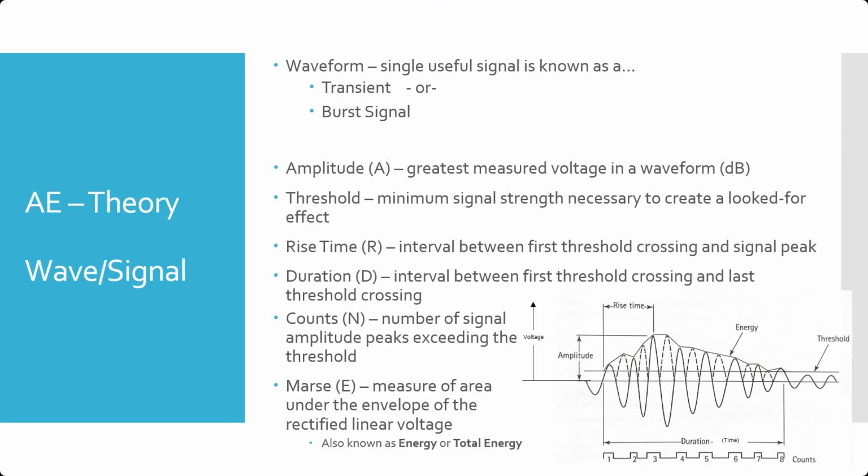The rise time is how long that signal strength is increasing. So from the first time it exceeds the threshold to the time it reaches its peak, that's known as the rise time. Okay, some signals could be a very quick crack type rise time. Some are a little bit slower, especially if it's more of that twinning, like a slipping or something where it's twisting, right?